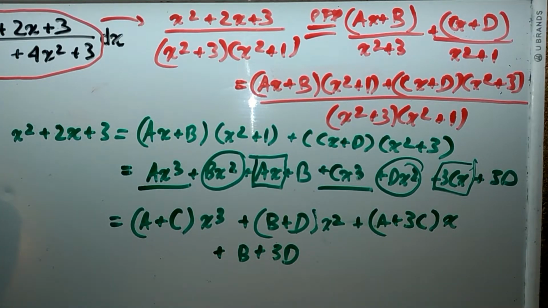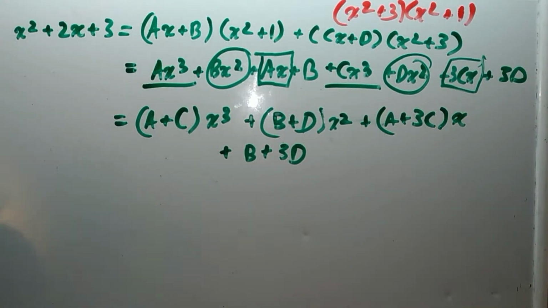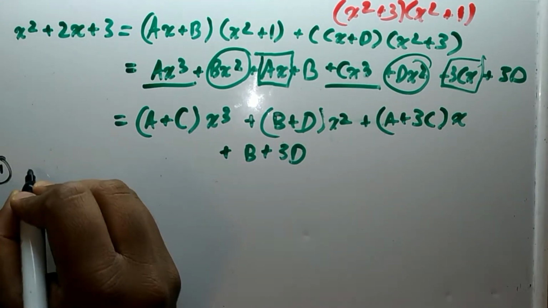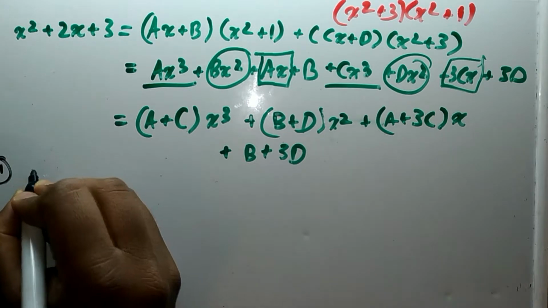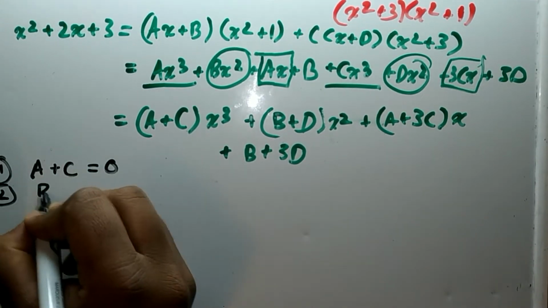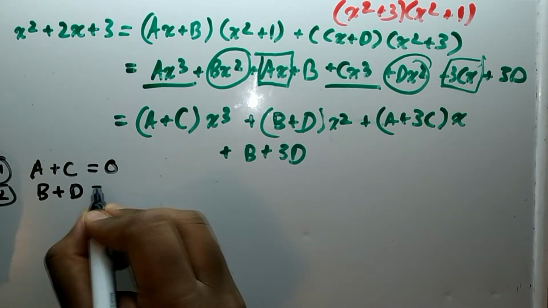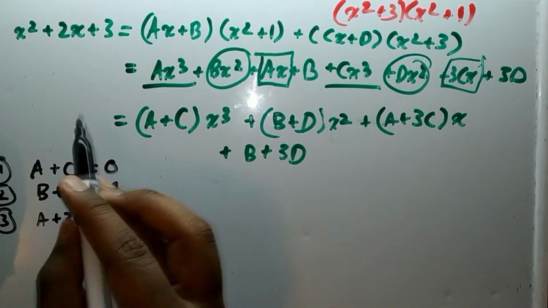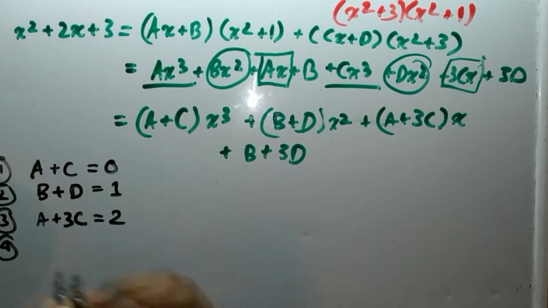And then the x to the 0 terms together, so it's b and 3d. Then we can make our linear system here. For x cubed, there's no x cubed on the left side, so it's just going to be a plus c equal to 0. For the x squared term, there is one x squared, so it's going to be equal to 1. For the x terms, it's just 2x, so it's going to be equal to 2.